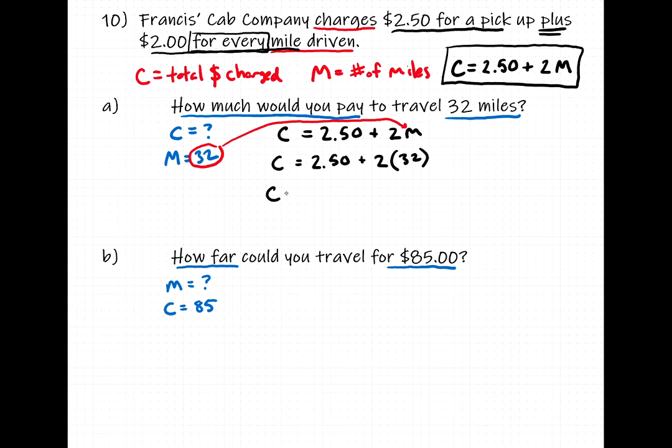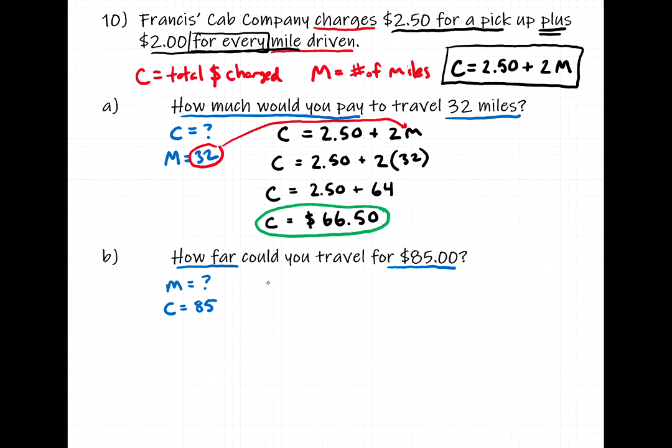We could calculate this. 2 times 32 is 64. So $2.50 for the pickup plus $64 for the miles would be $66.50. All right, so that does it for part A.